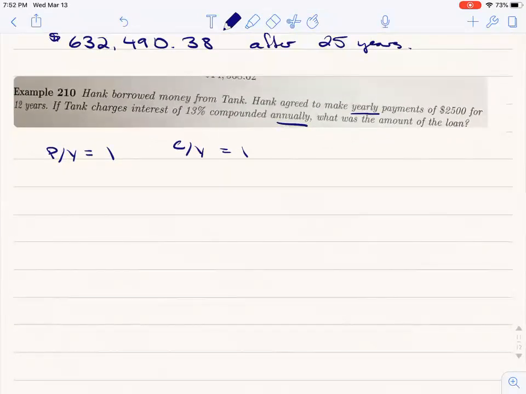We can calculate I as R over F as well. 13% is 0.13 over 1, which is just 0.13.